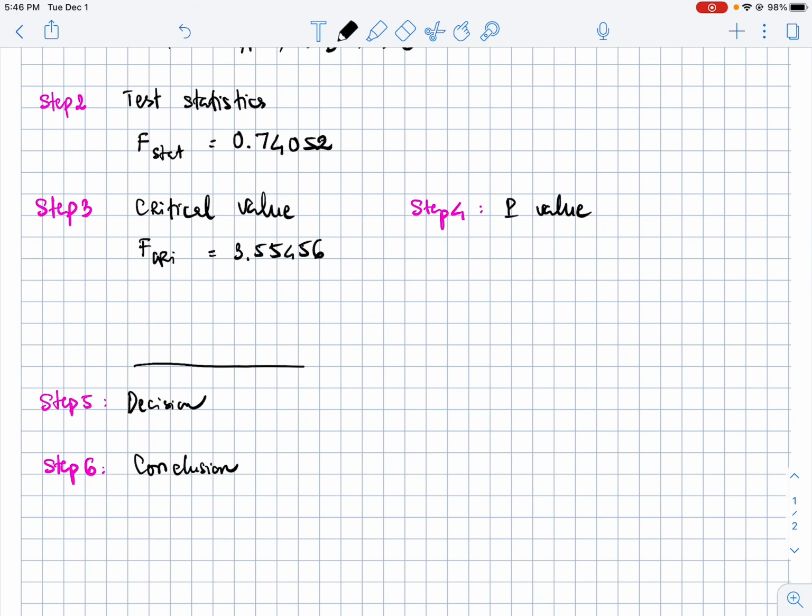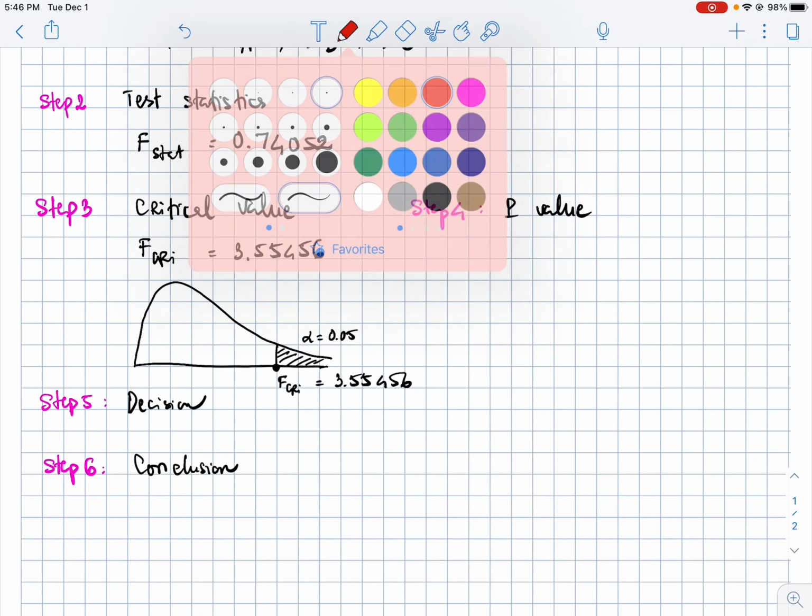And now we will draw the graph, and we are using the F table. The F table is like the chi-square table, with the critical region on the right side. And the alpha they give us in the problem is 0.05. Excel already gives us the critical value, F critical is 3.55456.